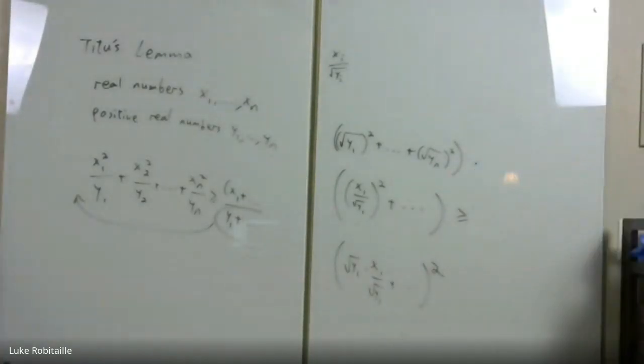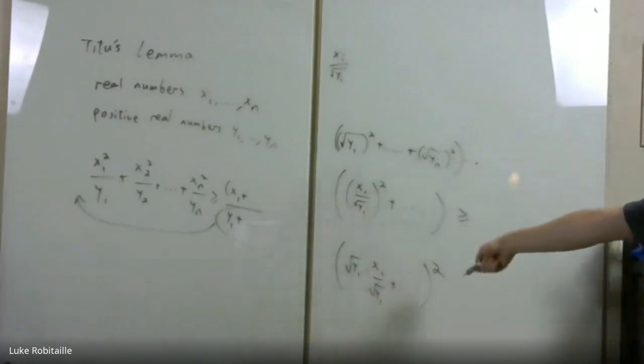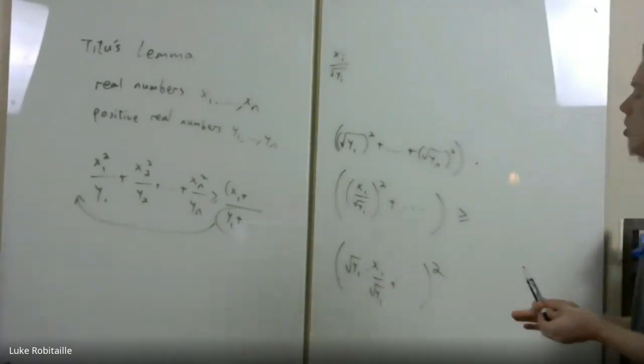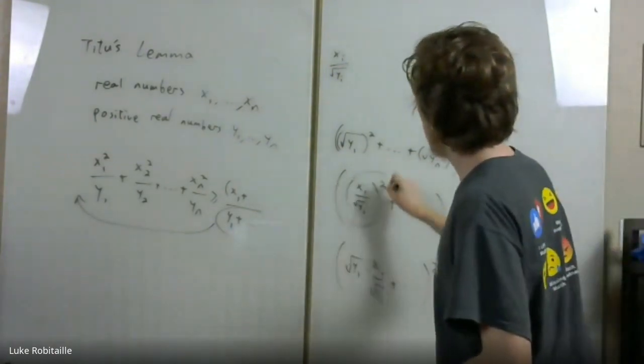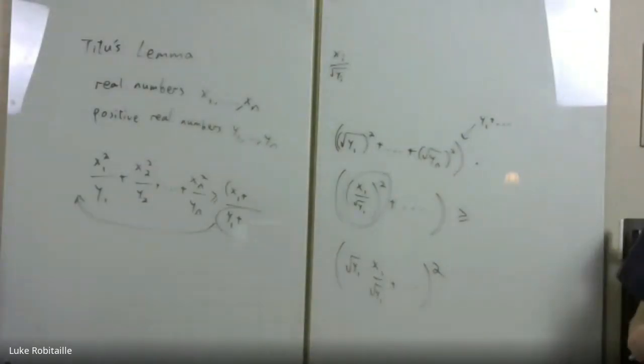In proving Titu's lemma, yeah, finishing the proof. Yeah, I mean, one way is that this is just Cauchy-Schwarz, that if you just check it, you get it just after homogenizing. After homogenizing. Yes.